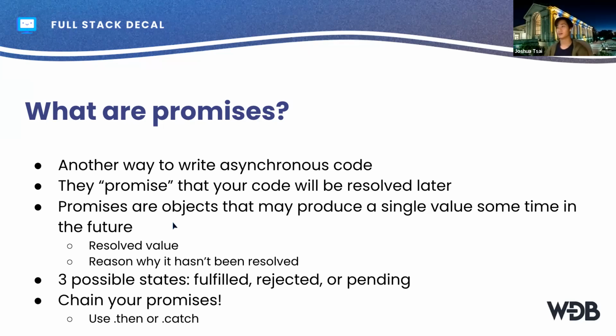And so more specifically, promises are objects that may produce a single value sometime in the future. And these values might be a resolved value. Perhaps you're fetching data from a remote server. The resolved value will be the data that you want to fetch. Either that, or it will have a reason why it has not been resolved.